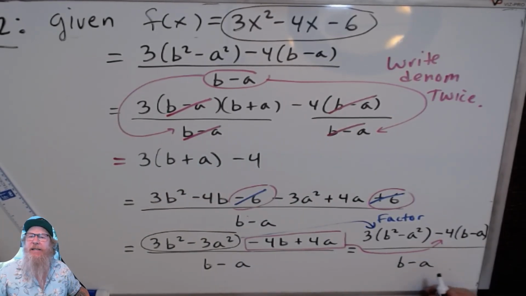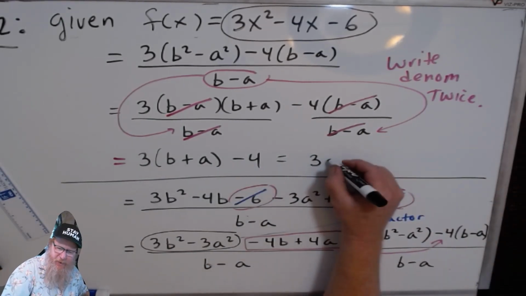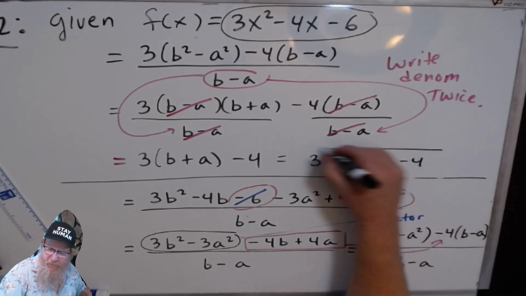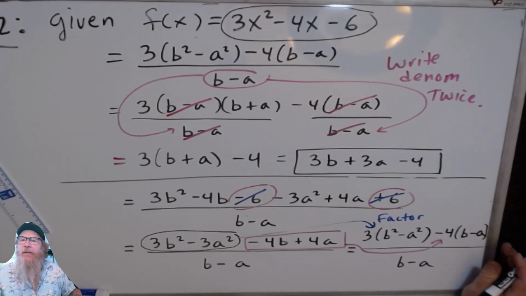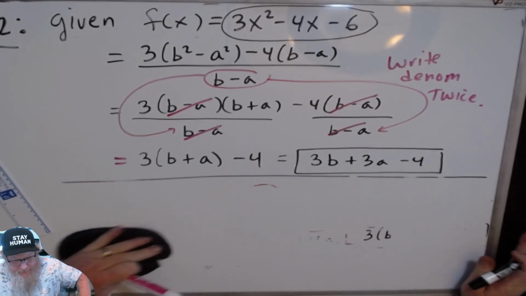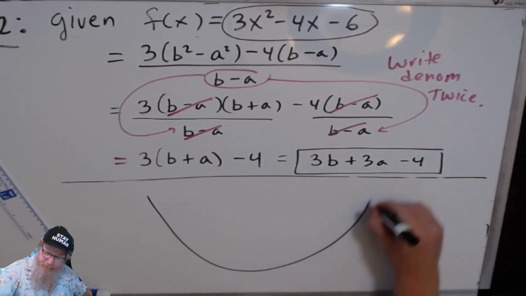Which is much easier to understand. As a slope, it's 3b plus 3a minus 4. Now, without doing a super detailed graph, let me explain what this means.